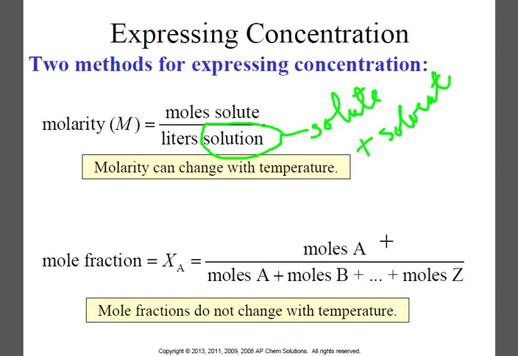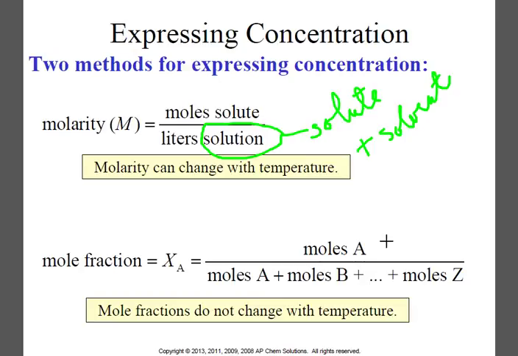The other way that we can express the concentration is in something called a mole fraction. And we usually use this for gas mixtures, mainly. So a mole fraction is symbolized by the letter X, and then you'll have a subscript that tells you what you're telling the mole fraction of.